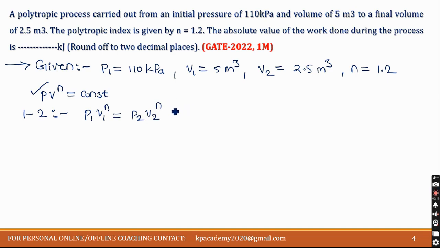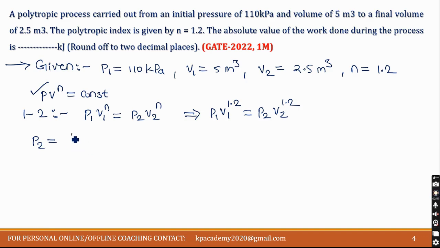Here n is 1.2. In this equation we know P1, V1 and V2. The only unknown is P2.